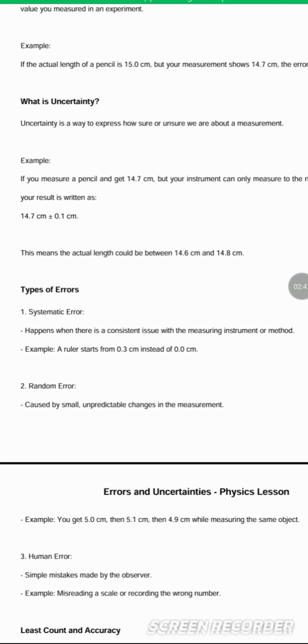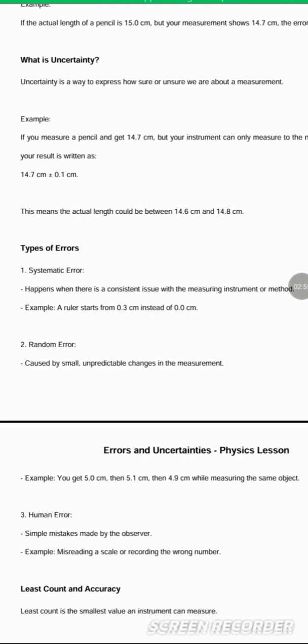Now moving on to the subtopic of these two topics. The first one in this regard is the types of errors. There are actually three types that we are going to discuss one by one in today's lecture. The first one is the systematic error. This is when your instrument or method has a built-in problem.